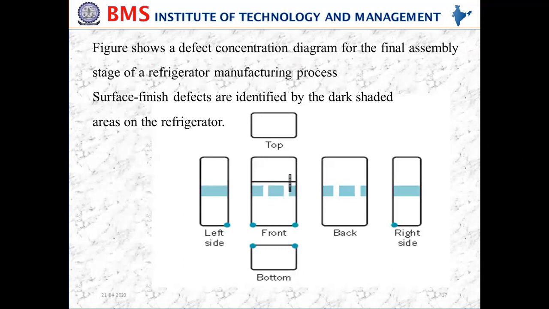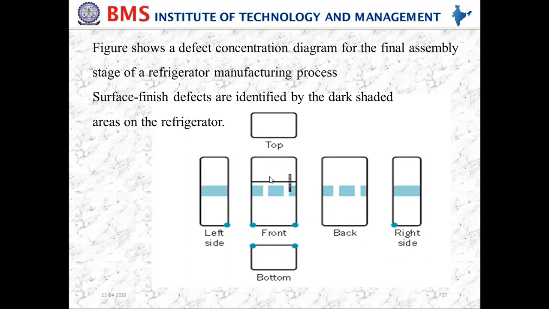The figure shows a defect concentration diagram for the final assembly stage of a refrigerator manufacturing process. When it comes to the final assembly stage, we need to identify the surface finish defects and where they are located.